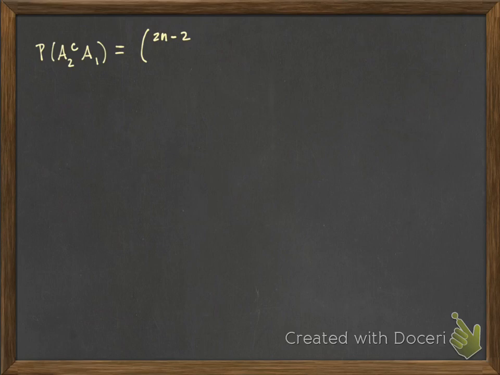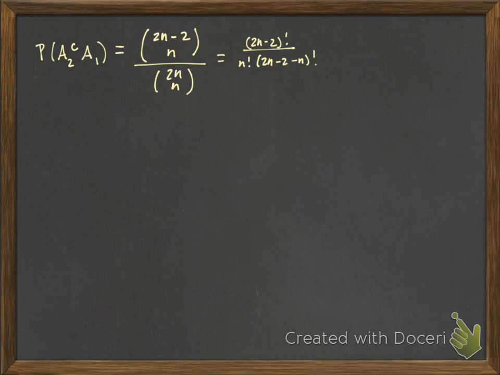actually, we can calculate the probability A2 gets no aces. So out of the remaining non-ace cards, 2n minus 2, choose the n that A2 gets. And that is over, of course, the 2n choose n ways that A2 can be dealt anything. Okay, so if we simplify this, we get (2n minus 2) factorial over n factorial times (2n minus 2 minus n) factorial.